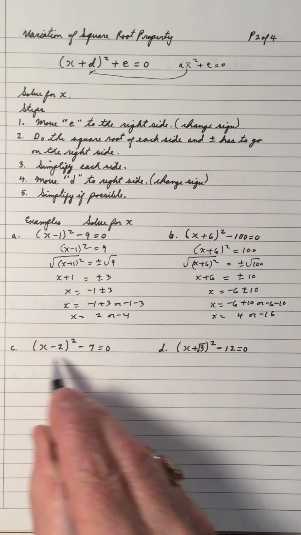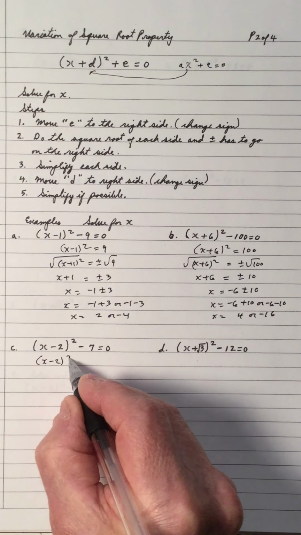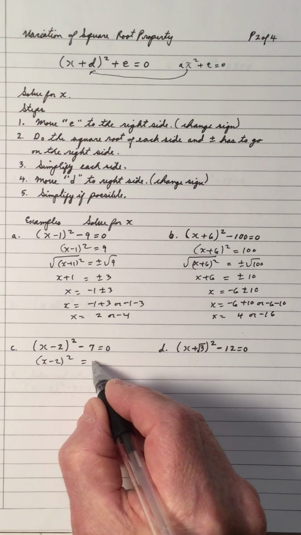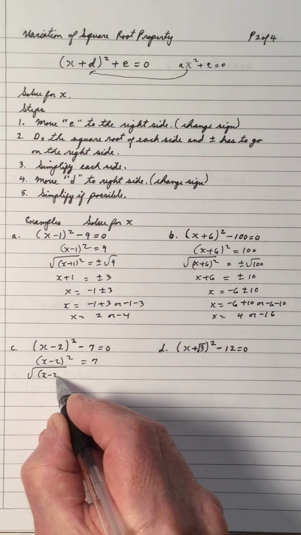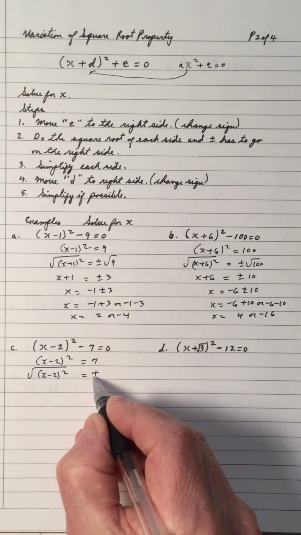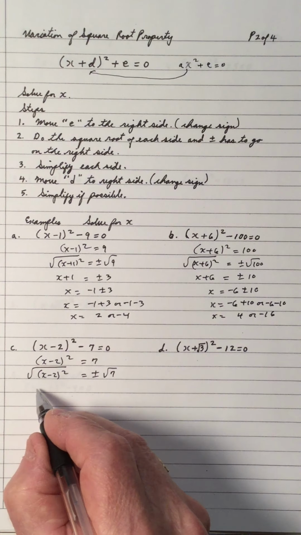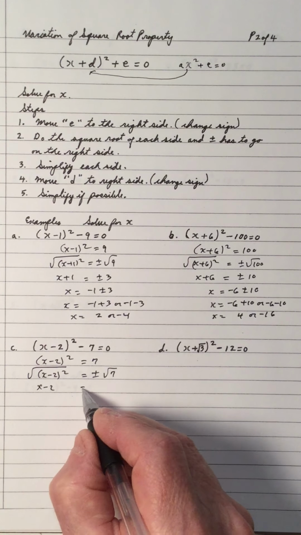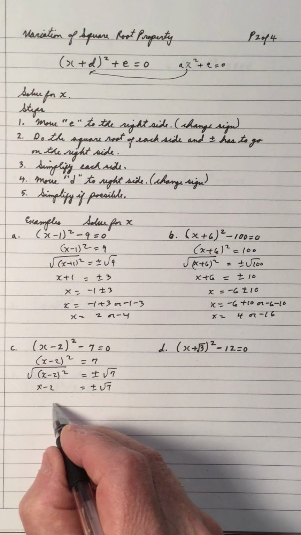Part c is x minus 2 squared equals 7. So we'll take the square root of both sides, plus or minus on the right side, because there are two solutions. So x minus 2 equals plus or minus root 7. The root 7 can't be simplified.